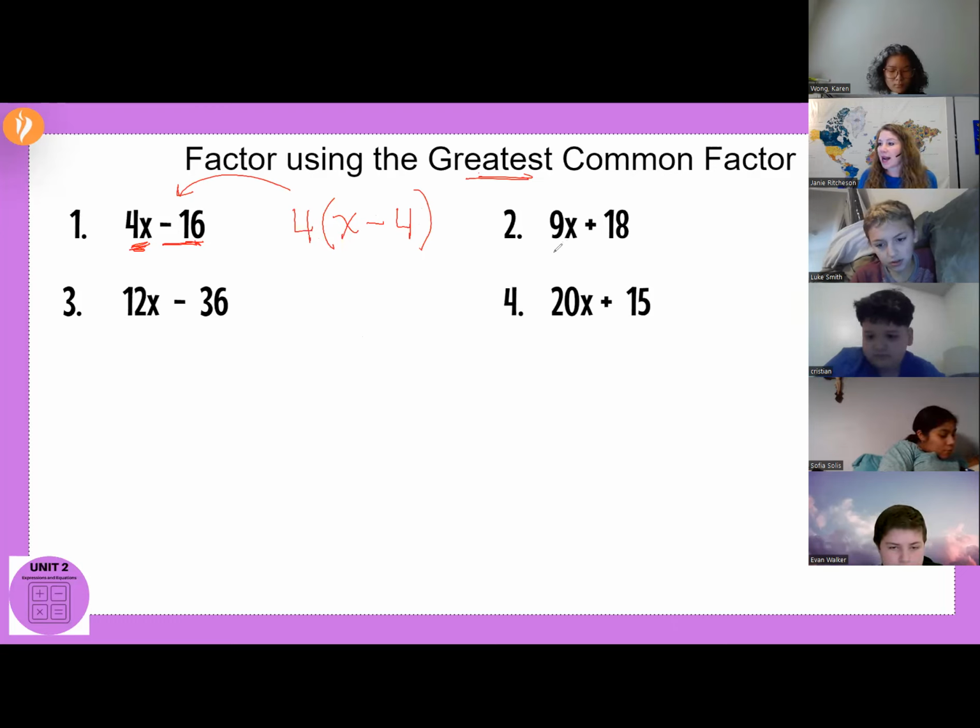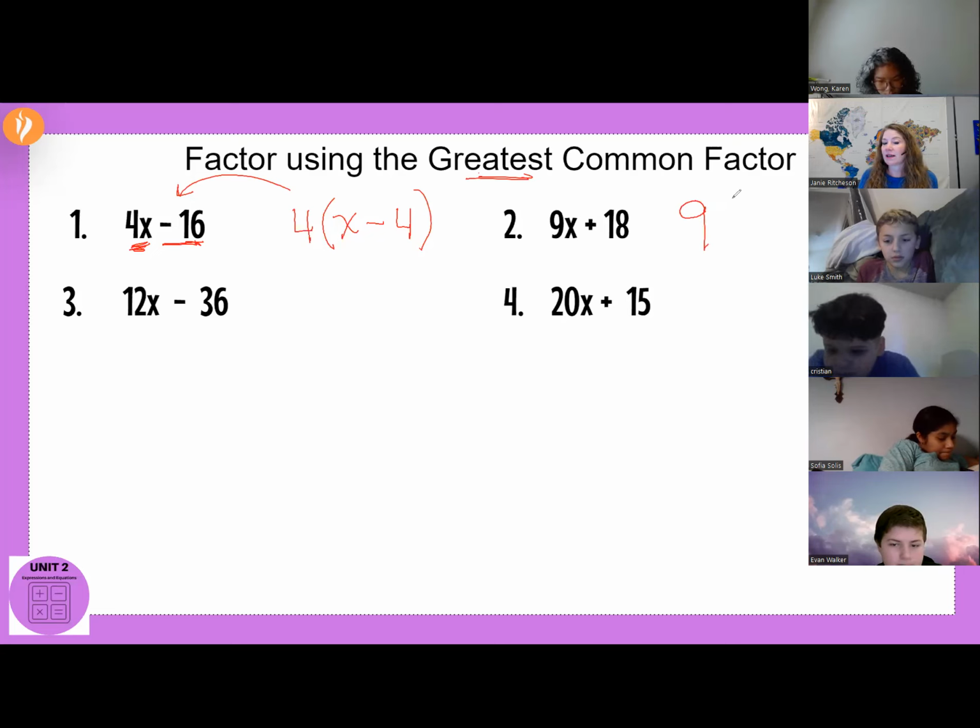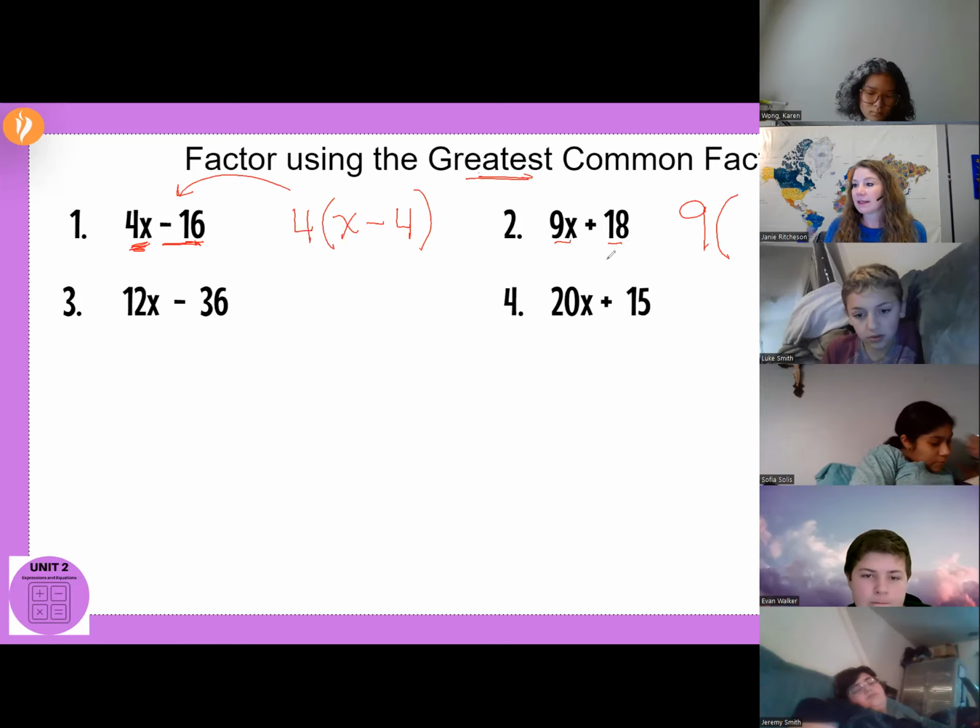What is the greatest common factor of 9 and 18? I could divide them both by 9, right? All right, so I'm going to pull out a 9. That means I'm going to divide both of these terms by 9.